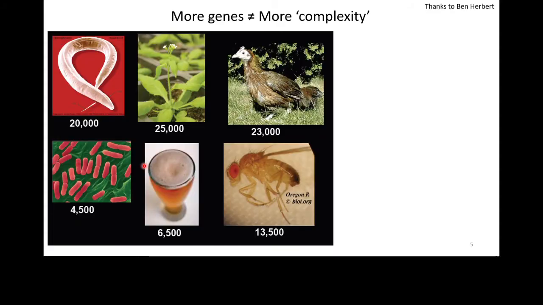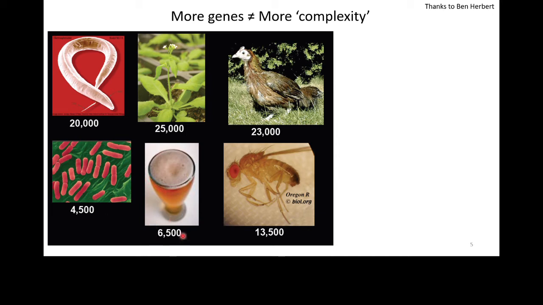Now, one thing that people should be aware of is that just having more genes doesn't mean that something is more complex. This is the size of the genomes of a number of different organisms. E. coli has about 4,500 genes, which is different to something like Staphylococcus that has 2,600.